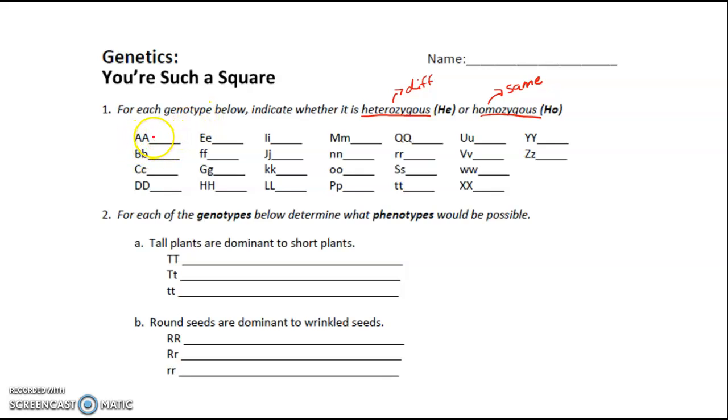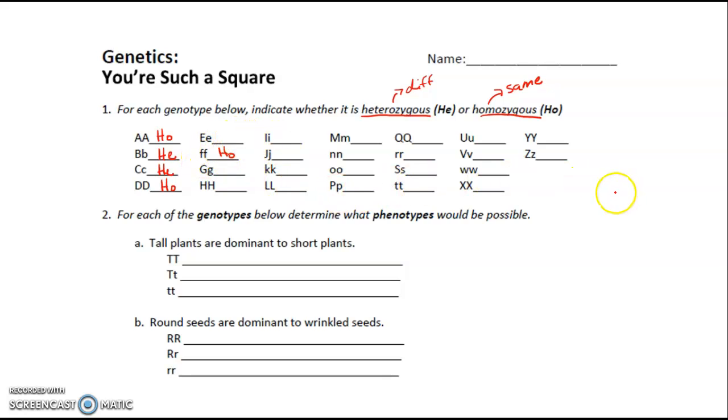So this is going to be homozygous. For B, I have a capital B, small b, that's going to be heterozygous. Capital C, small c is heterozygous. And then capital D is homozygous. Okay. We would also have homozygous for lowercase f.